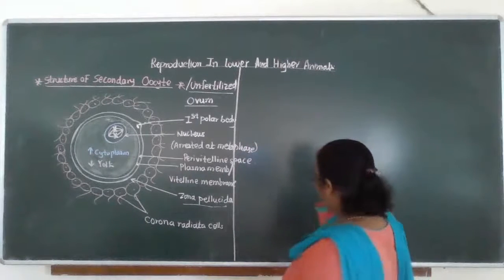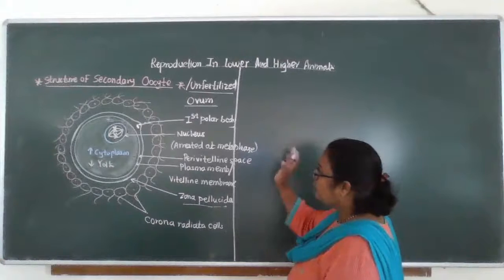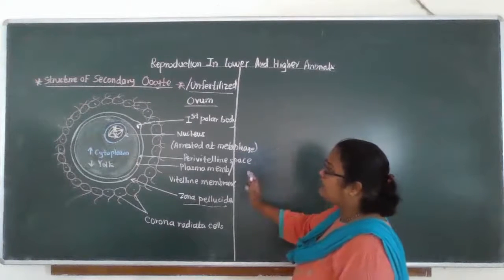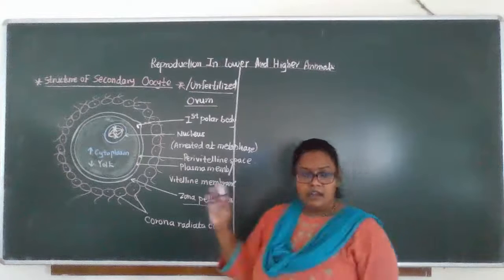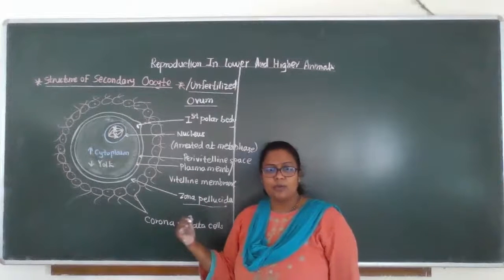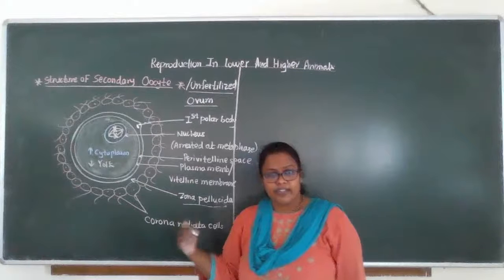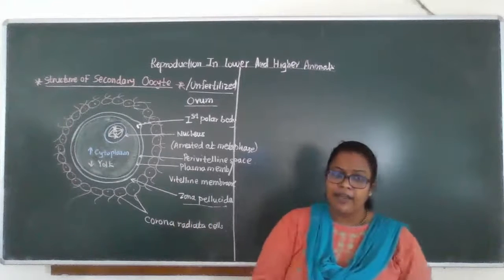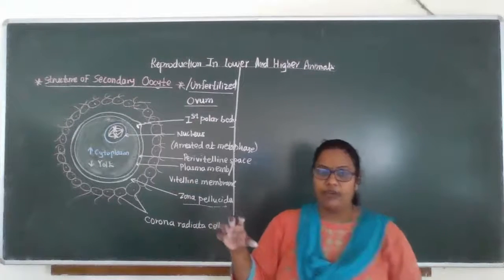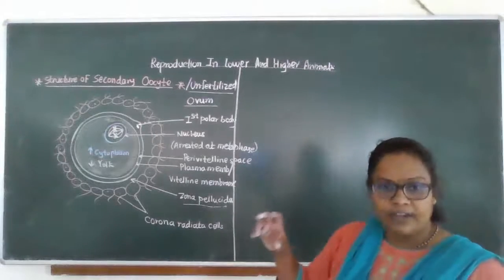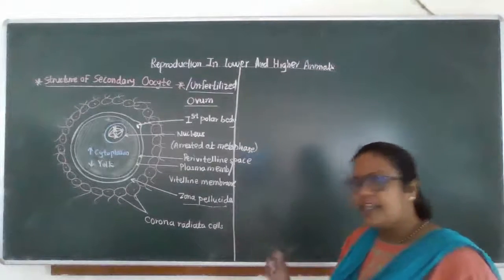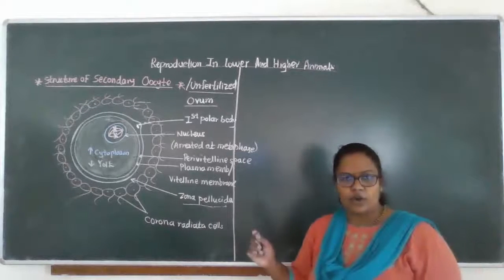Now we are turning to how you will explain the secondary oocyte. The secondary oocyte is the biggest cell in the human body. It is released during ovulation by rupturing the Graafian follicle. Its size is about 100 microns.